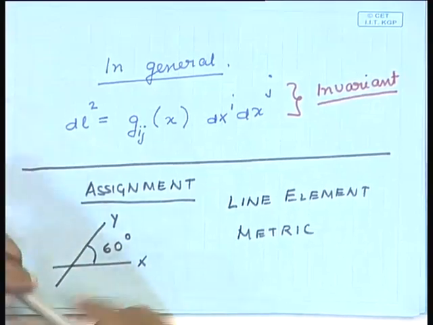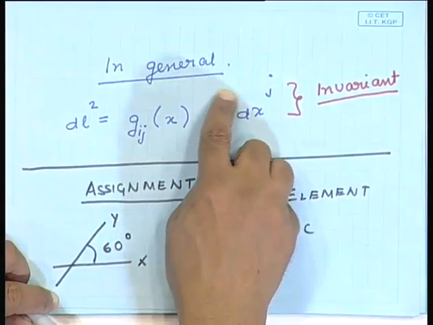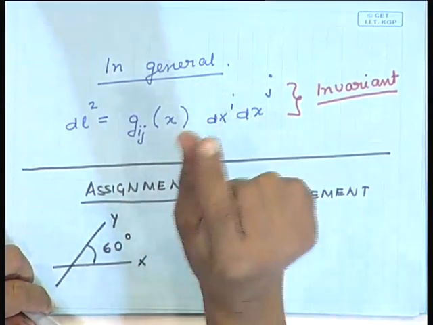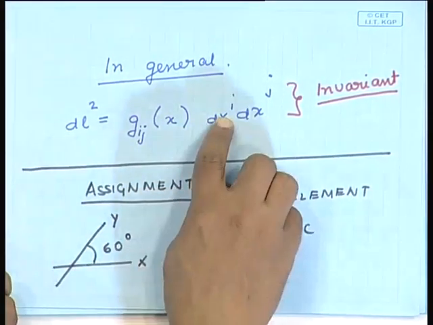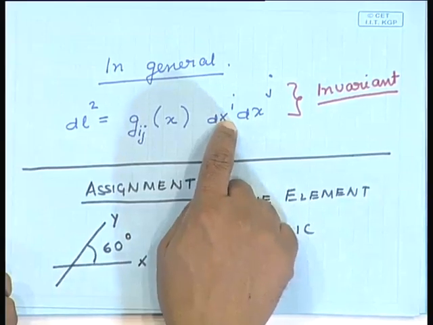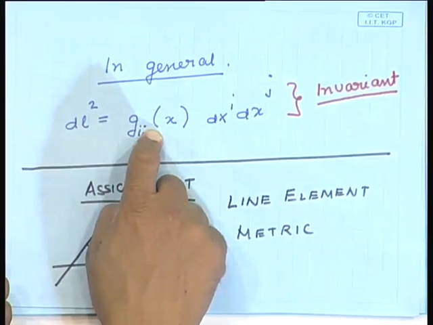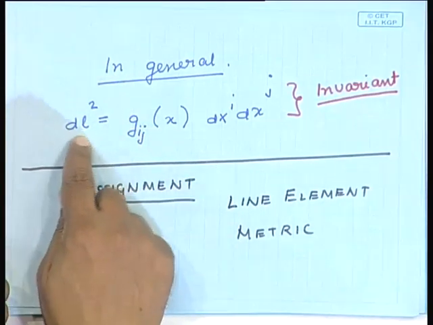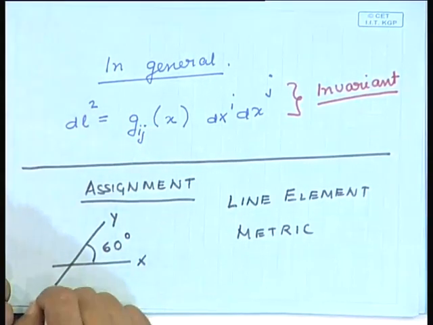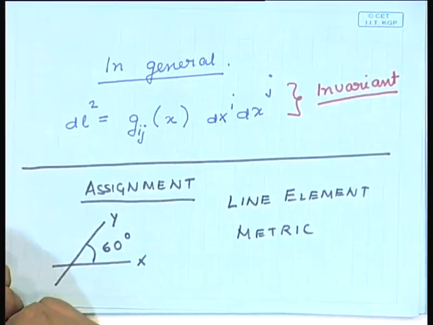If I go to a different coordinate system, the components of the coordinates corresponding to the separation between those 2 points will be different. The metric will have different values. But the length between those 2 points is an invariant quantity. The metric may change, the coordinates may change, but the length is an invariant quantity which is actually used to determine what the value of the metric is in a different coordinate system. Okay. So that is the property of the length.